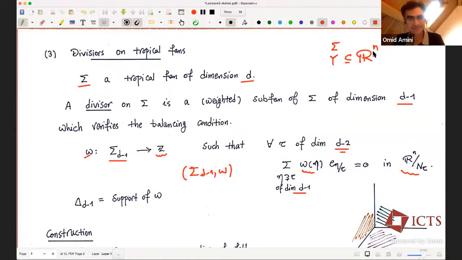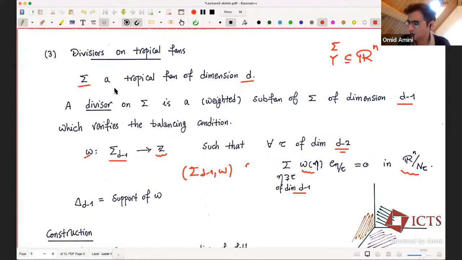And I have one more question. Originally, the balancing condition needed this weight to be defined on faces of codimension 1 in sigma, right? Yes, exactly. The balancing condition was concerning, for each cone of codimension 1 in sigma, we have an equation. Exactly. So that omega need not have any connection with this omega.